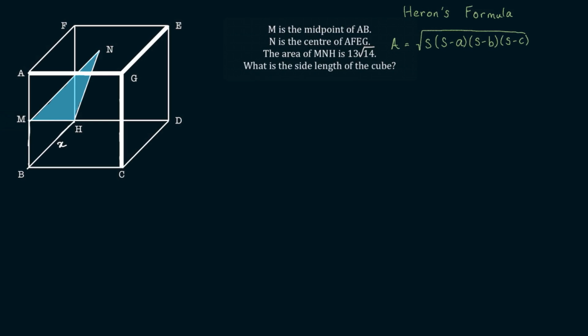Now, since M is the midpoint, we know that midpoints divide a segment into two congruent parts, and therefore AM and MB are both going to be half of x. Now, we also know that all the angles in a square are right angles.